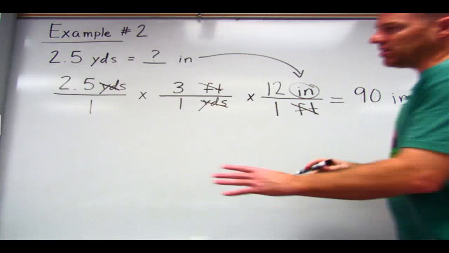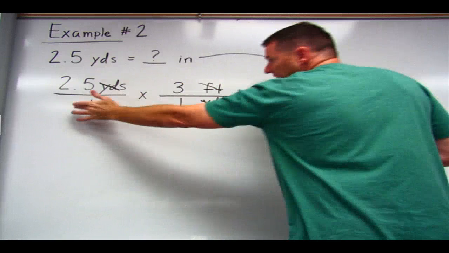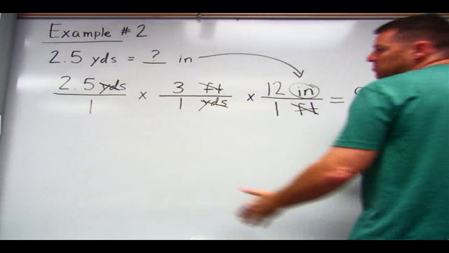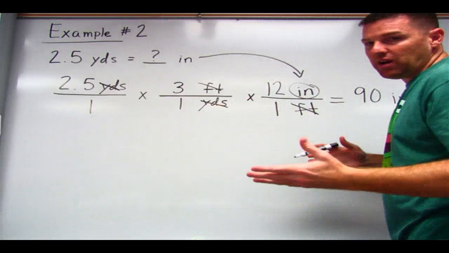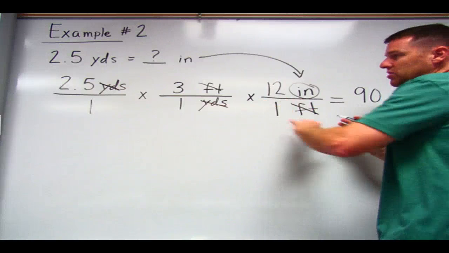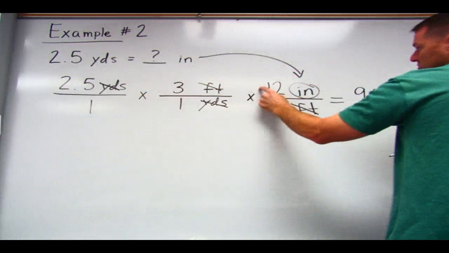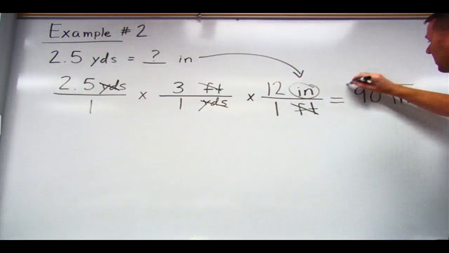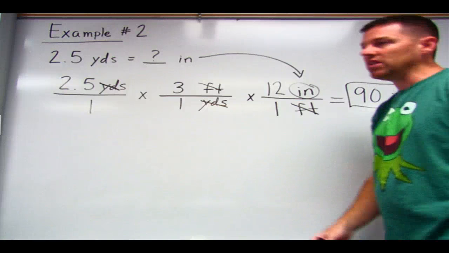And remember, all you're doing is multiplying across the top and dividing anything that's on the bottom. But in this case, it's only 1, 1, and 1, and dividing anything by 1 is itself. So there's no point in even dividing those by 1. So 2.5 times 3 times 12 equals 90. Your answer is 90 inches. So that's how you convert 2.5 yards to inches.